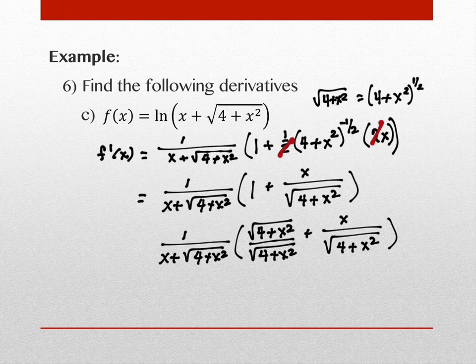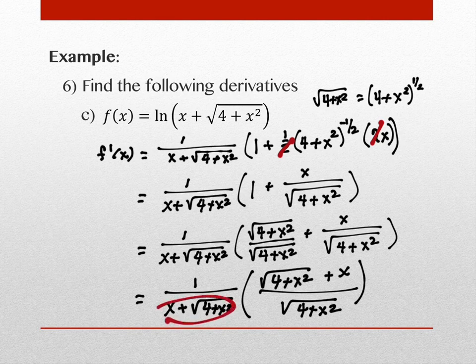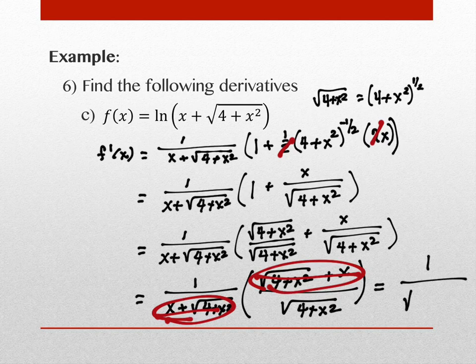Now, if I combine this into a single fraction, take note of what's going to happen. Do you see something nice? Yeah, this and this are identical, so they cancel out. So this all reduces, maybe a little bit unintuitively, to 1 over the square root of 4 plus x squared.